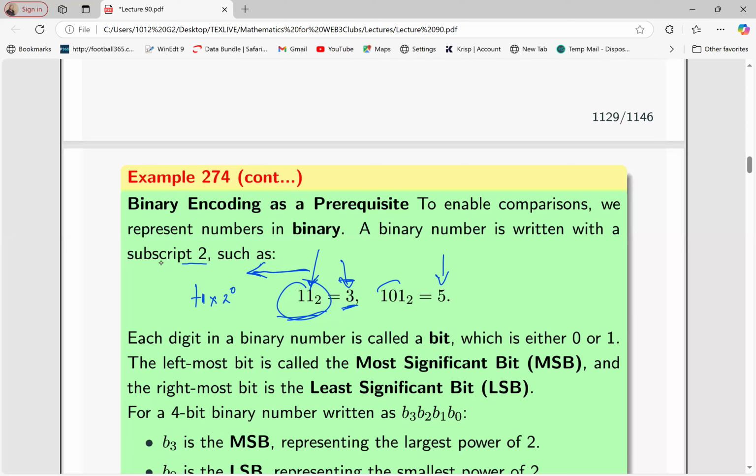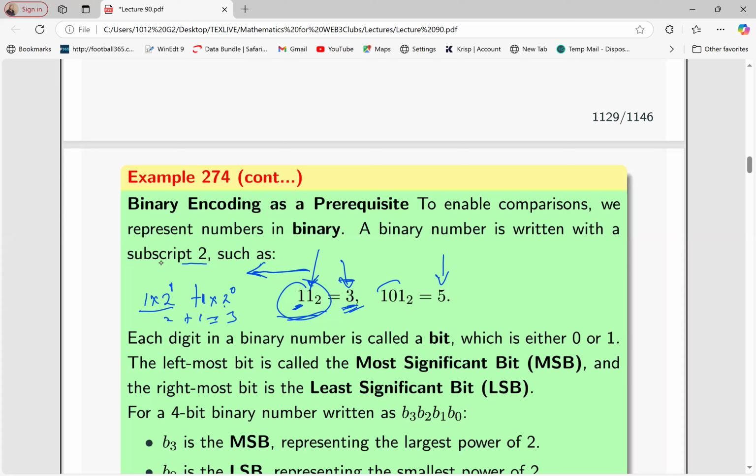Then you add that to the most significant value, which is multiplied by 2 raised to 1. So it's 2 raised to 0, then 1, then 2. As you go to the left, the powers increase. So this is just 2, and 2 raised to 0 is 1, times 1 is 1. So that is 3, and that's how you get 3.